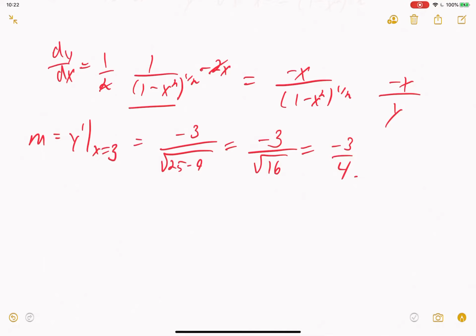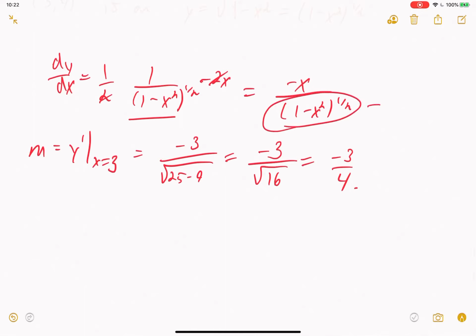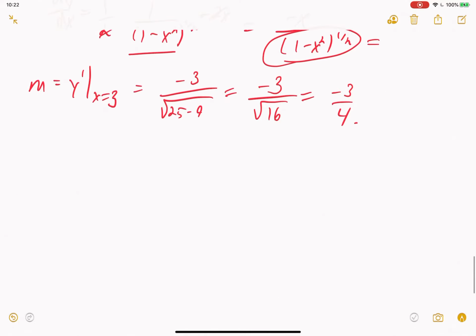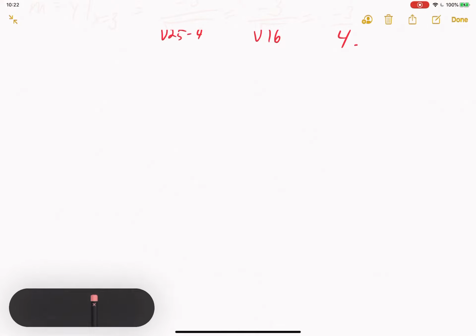That's an idea for later chapters, where you'll notice here's our y, and you can go from implicit differentiation to what you have right here, using the fact that you know what y is. Let's keep going, though.